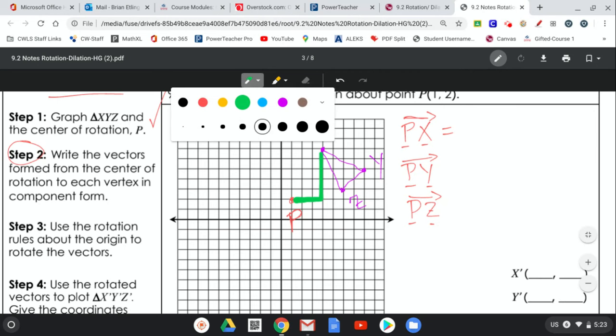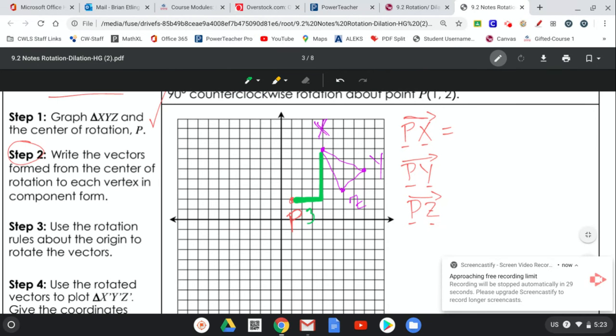When we do that, we are going 3 over and 1, 2, 3, 4, 5 up. The x component, meaning moving along the x-axis, left and right, is 3, and the y component is 5, both in a positive direction, so we leave them as positive values. That is for PX. Looks like we're going to get cut off, so we'll finish this problem up in the next video.